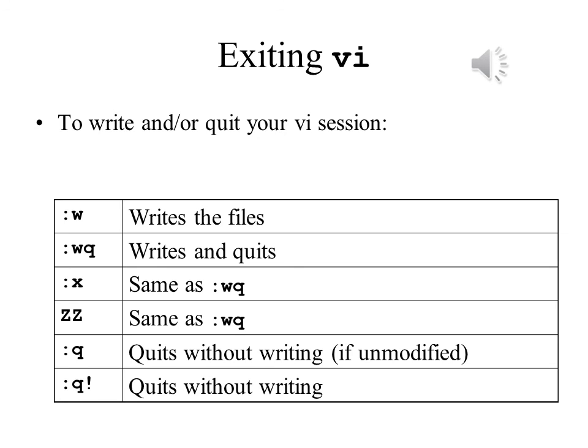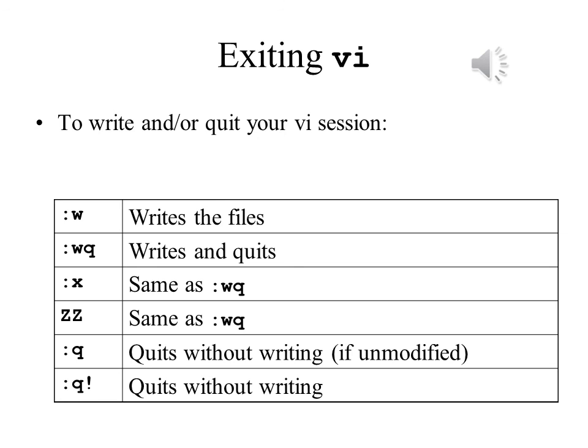But there are occasions when you want to exit and you do not necessarily want to save what you did. You may have made changes that are disastrous, or you don't like what you wrote. So in that case, what you can do is write colon Q. Now, if you didn't modify the file, it'll quit without writing just like that.